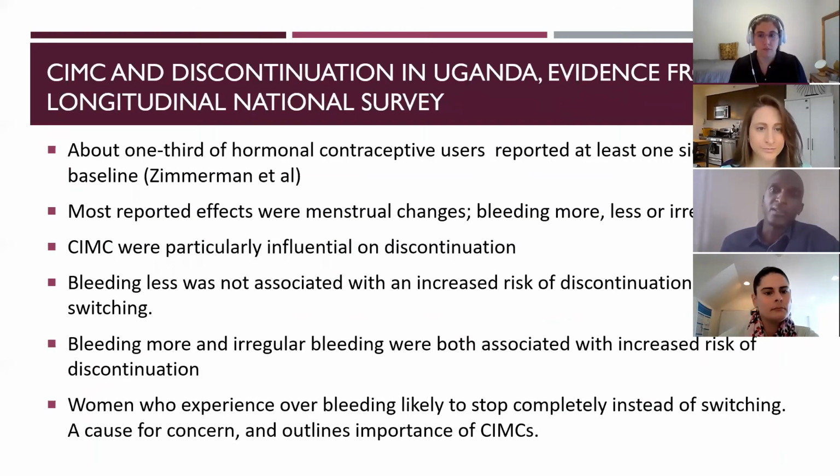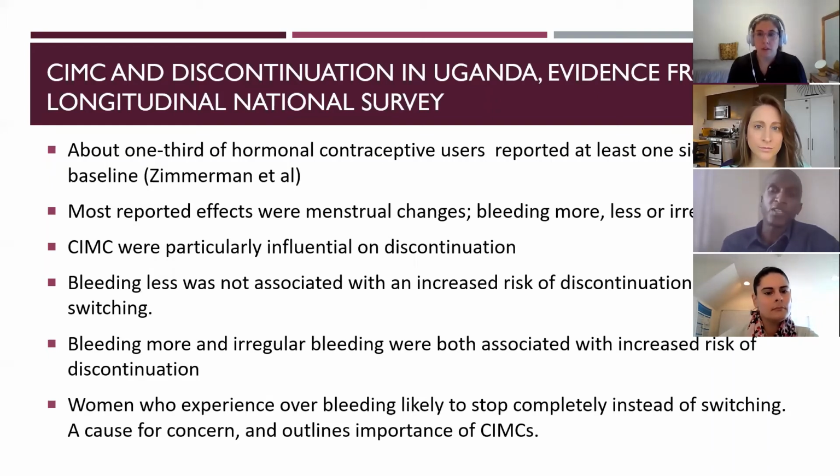And lastly, in a more recent nationally representative longitudinal survey in Uganda, we found that one-third of hormonal contraceptive users reported at least one side effect. Interestingly, the side effects most reported were menstrual changes, with women reporting that they bled less or bled more, and oftentimes bled irregularly, or even all three together at varied periods.